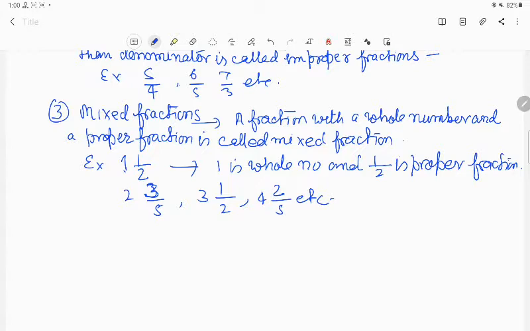After that there are like fraction and unlike fraction.